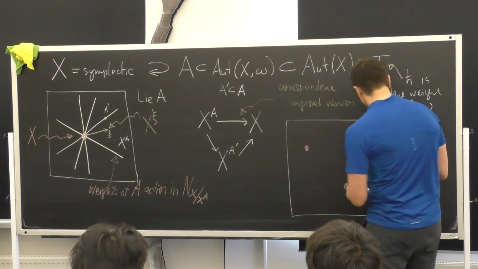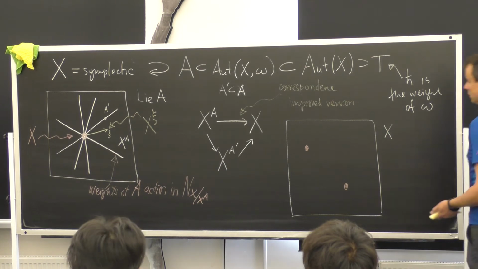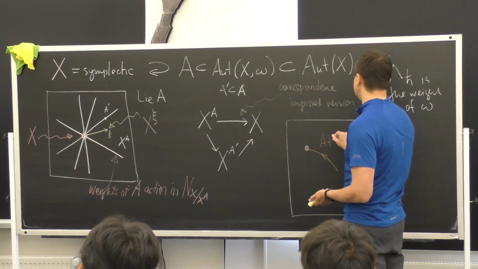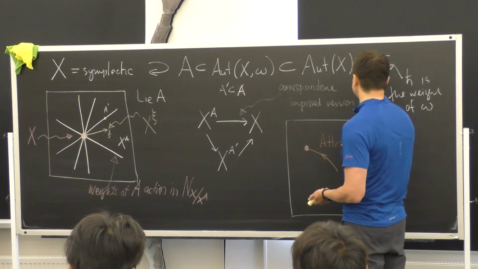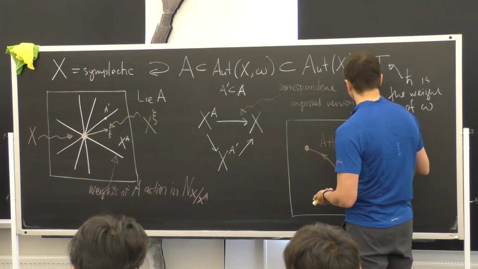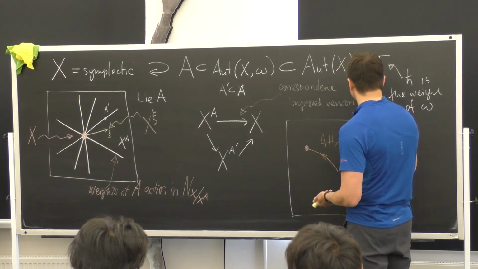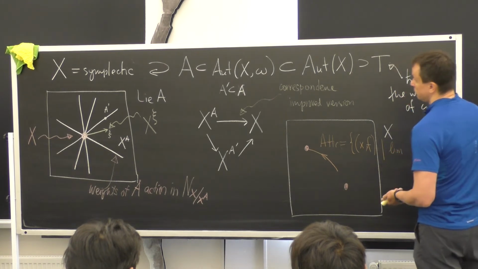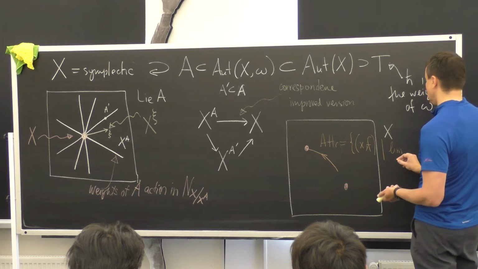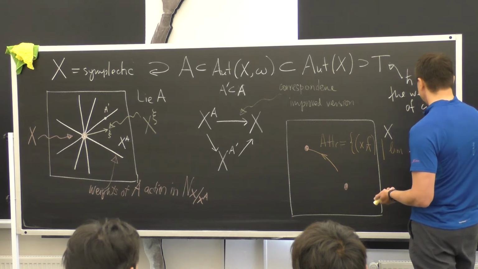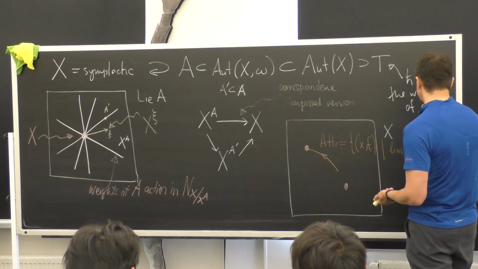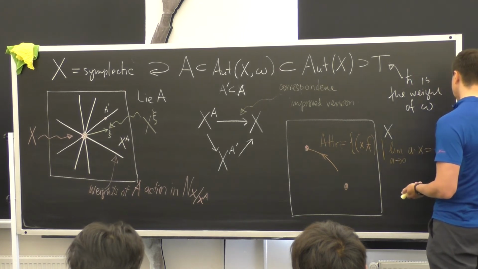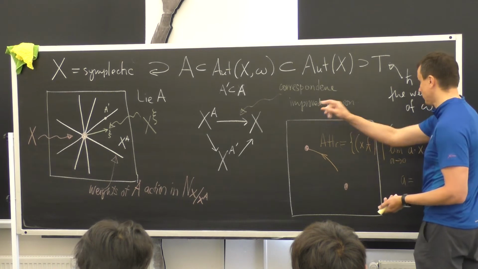Then we have a correspondence, where we look at the attracting manifold, which is the set of all pairs, a point x and a fixed point F, such that if I take the action of a times x as a goes to 0, it equals F, where a, in that picture, is the exponential.